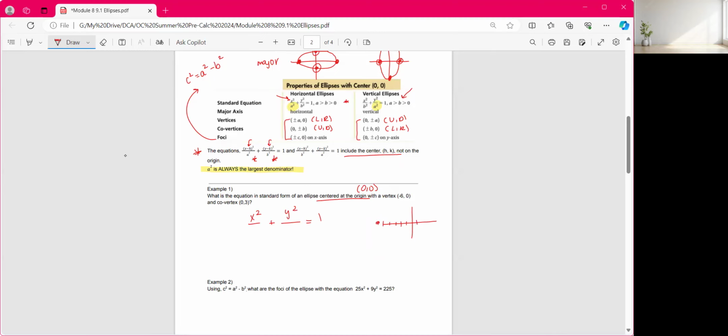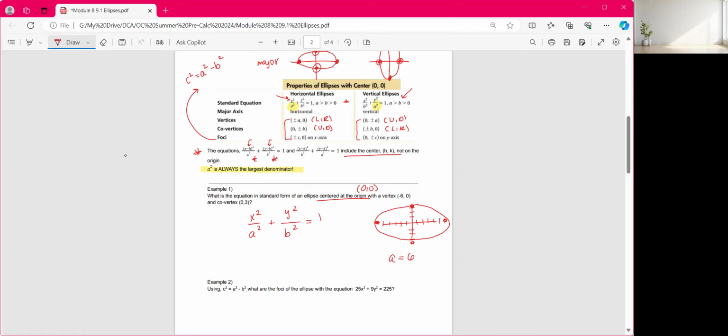If I have vertices at 3, 4, 5, 6, and then a covertex at 3, I know right away this is a horizontal ellipse, and I also know then my a squared is first here. Because the a squared is always the largest, and if the a squared is first, I have a horizontal ellipse. And so if I know my vertex is at -6, that's my a value.